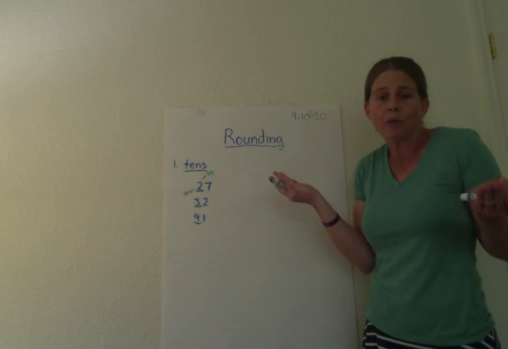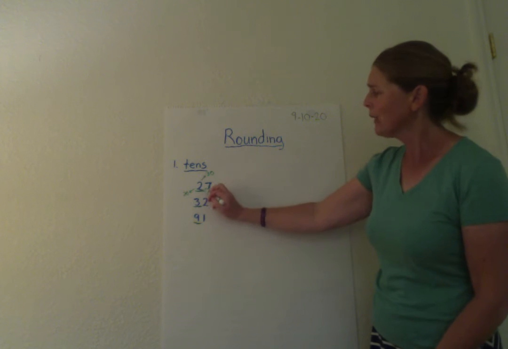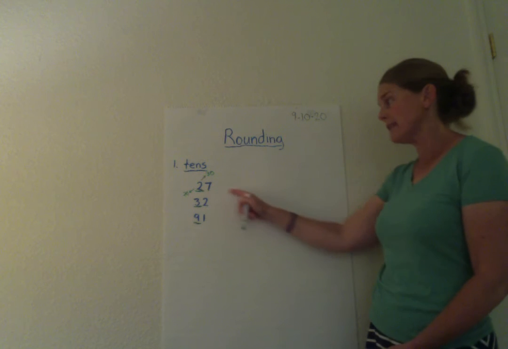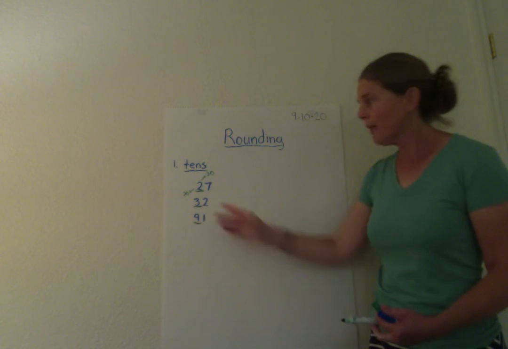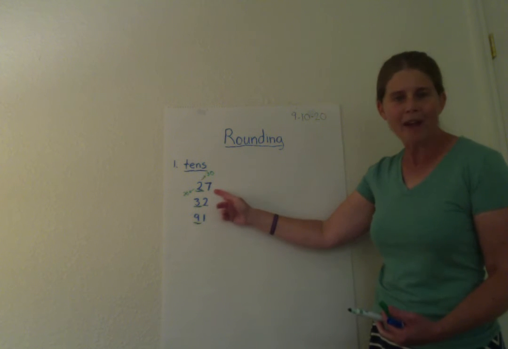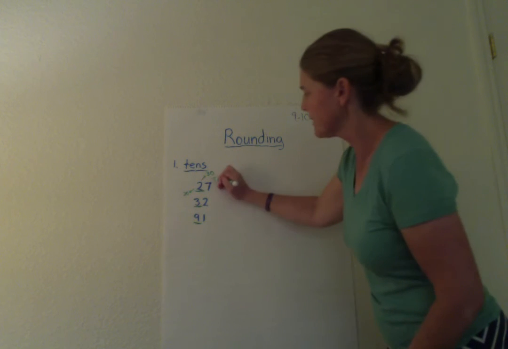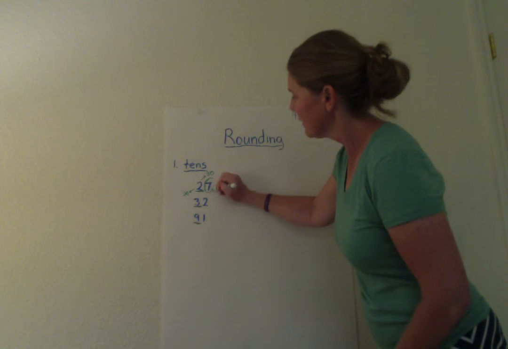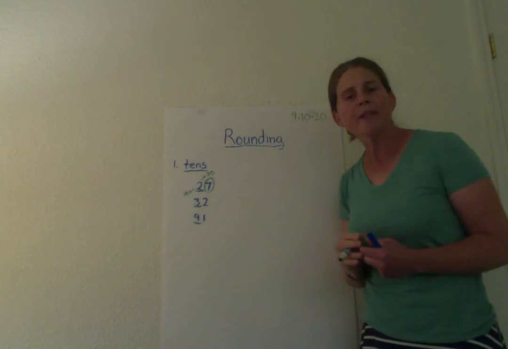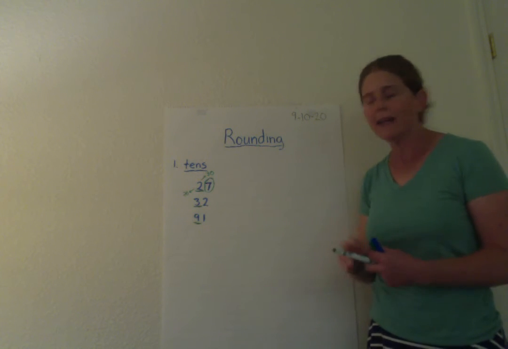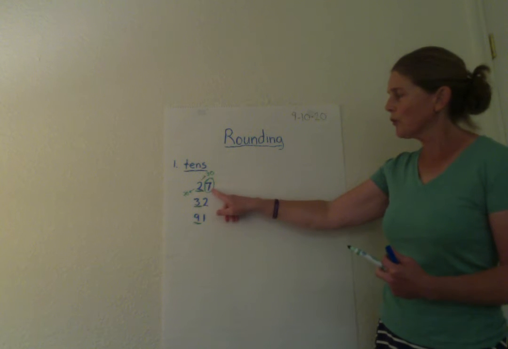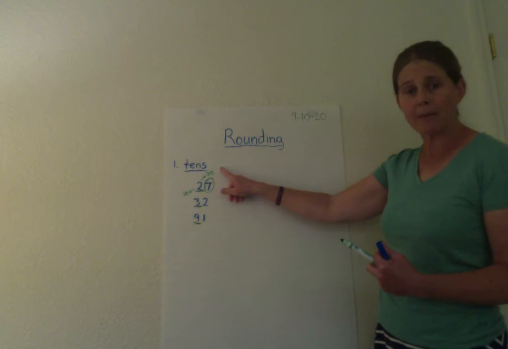How do I round? Well, I look at the digits to the right of the tens place. There's only 1, and it's the ones. So I have to look at the 7. I'm going to put a circle around the 7. The 7 is going to help me decide, is 7 closer to 10 to make me go up?